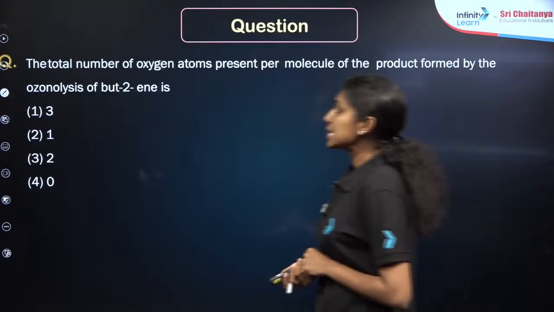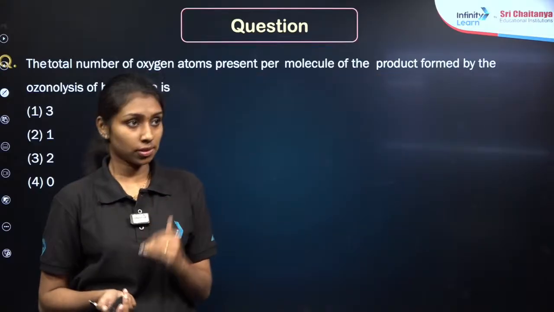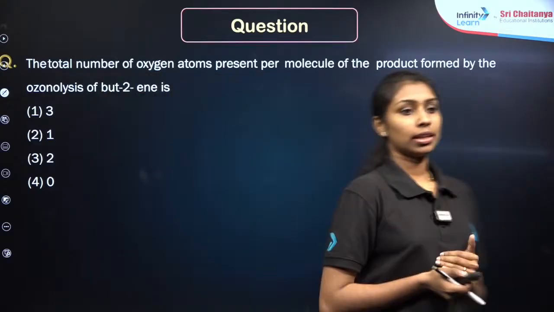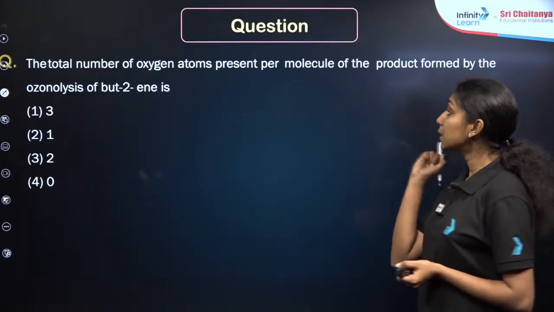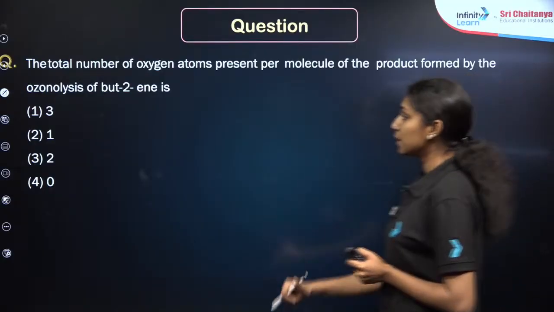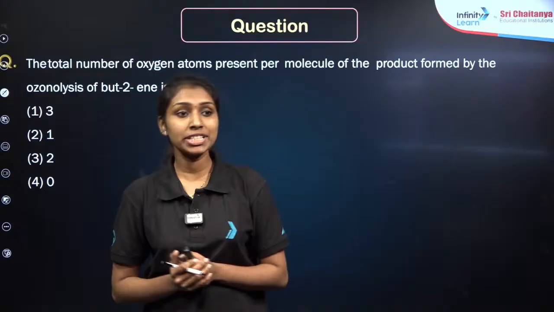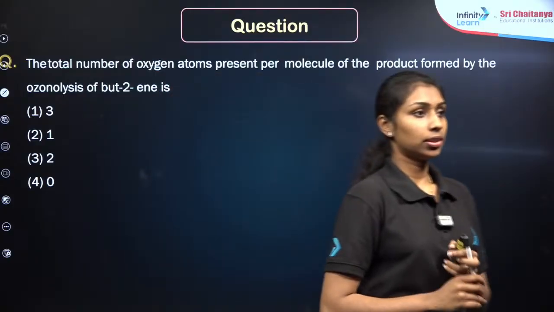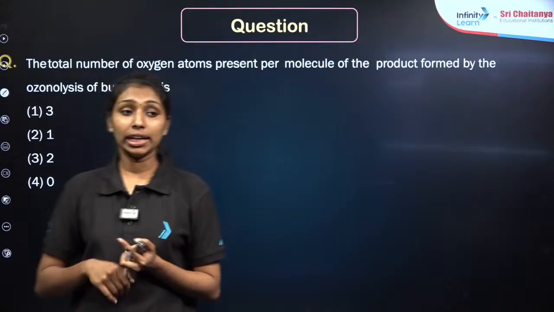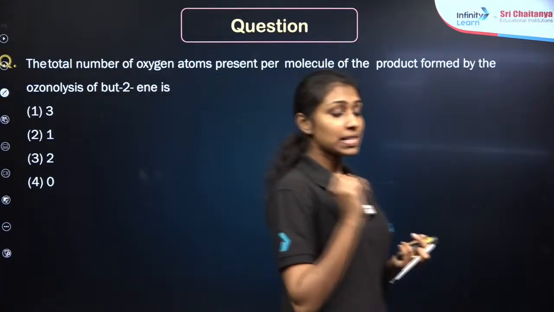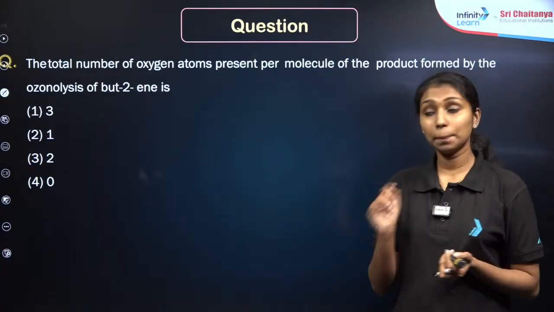Okay. Here is the next question based on the ozonolysis concept. The total number of oxygen atoms present per molecule of the product formed by the ozonolysis of but-2-ene. You have to do the ozonolysis and find out the total number of oxygen atoms present per molecule.